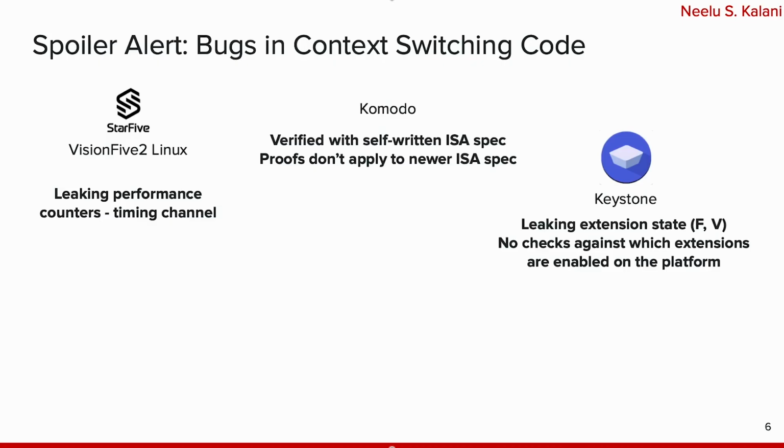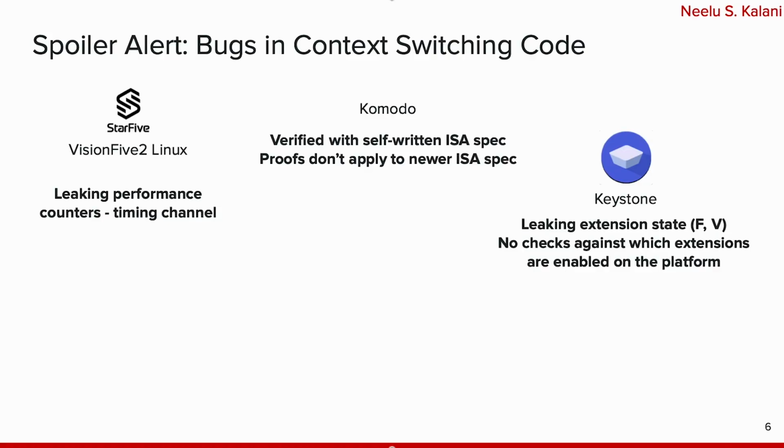So, spoiler alert, we also found some bugs in existing context switch implementations. For example, when running the Linux shipped with the StarFive VisionFive2 board, performance counters leak across user processes and can lead to timing channel vulnerabilities.